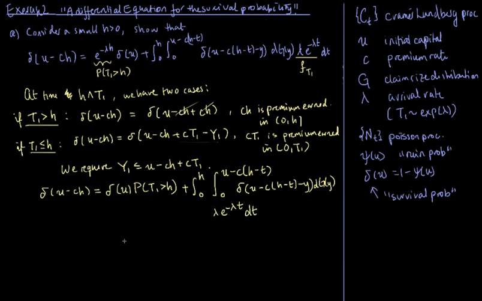And if we just finish our calculation here, then we see that this is delta u multiplied by the probability that the first arrival is greater than h. Well, that is e to the minus lambda h. And then plus the integral from 0 to h, integral from 0 to u minus c h minus t.